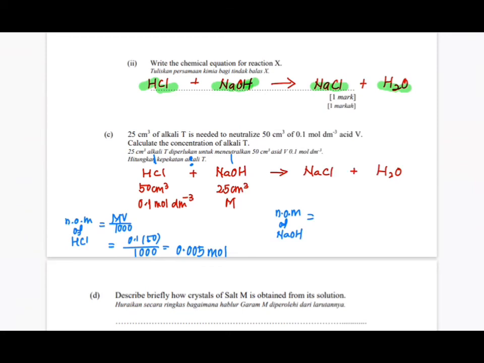Now we have 0.005, so for sodium hydroxide we also have 0.005 mole. And this equals MV, where the volume is 25 over 1000. So the concentration, the molarity, is 0.2.